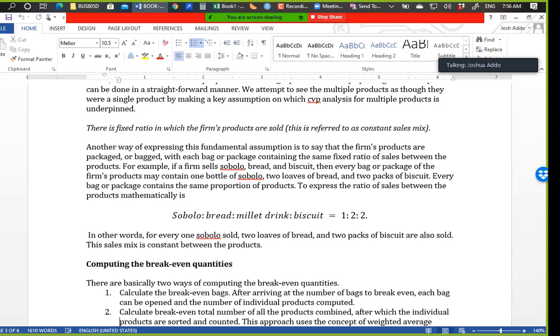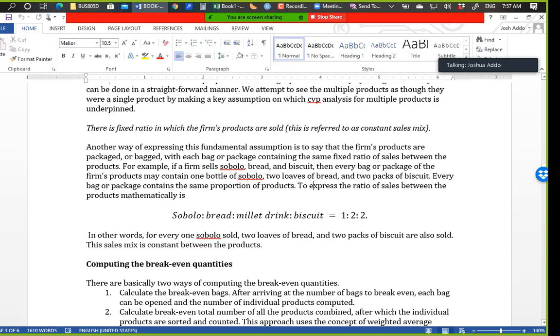Sorry for that. So I'll give you this material as a supplementary note. The main lecture is in the textbook that I gave you, and the multiple product environment is not there, so I'll give you this supplementary note which you can use for that purpose.